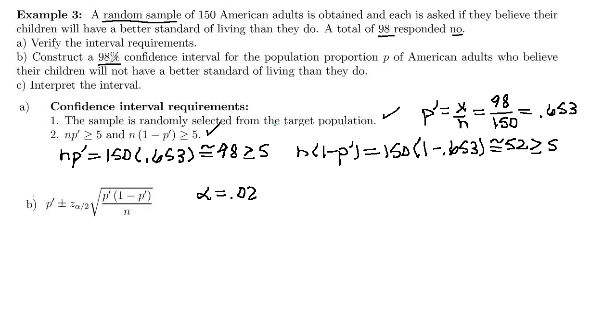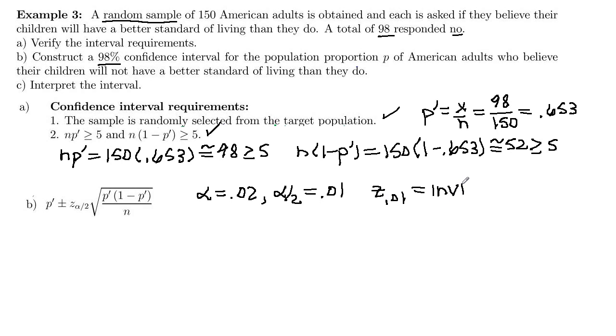And notice 98%, that's not one of the three that's in the common confidence coefficient table. So we have to use inverse norm to get this one. So alpha over 2 is going to be 0.01. And then we want the z value with alpha over 2 to the right. So z 0.01, that means 1% to the right of that z value, so 99% to the left.